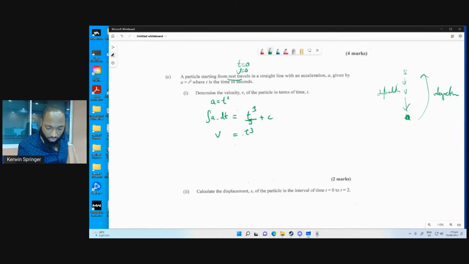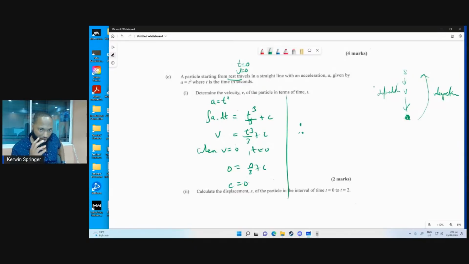So v equals t cubed over 3 plus c, when v equals 0, t is also equal to 0. So 0 is equal to 0 over 3 plus c, so c is also 0. You always need to check over the parameters of these questions to get rid of the c. We use our initial value. So therefore v is equal to t cubed over 3, since c is 0 in this case. You didn't need to put plus 1 or anything. It's just 0.